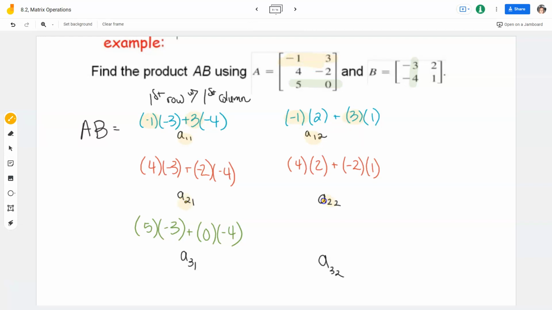The second row is going to be here and here and here and here. The third row is going to be here and here, so that's going to be a 5. And here, that's going to be a 0.